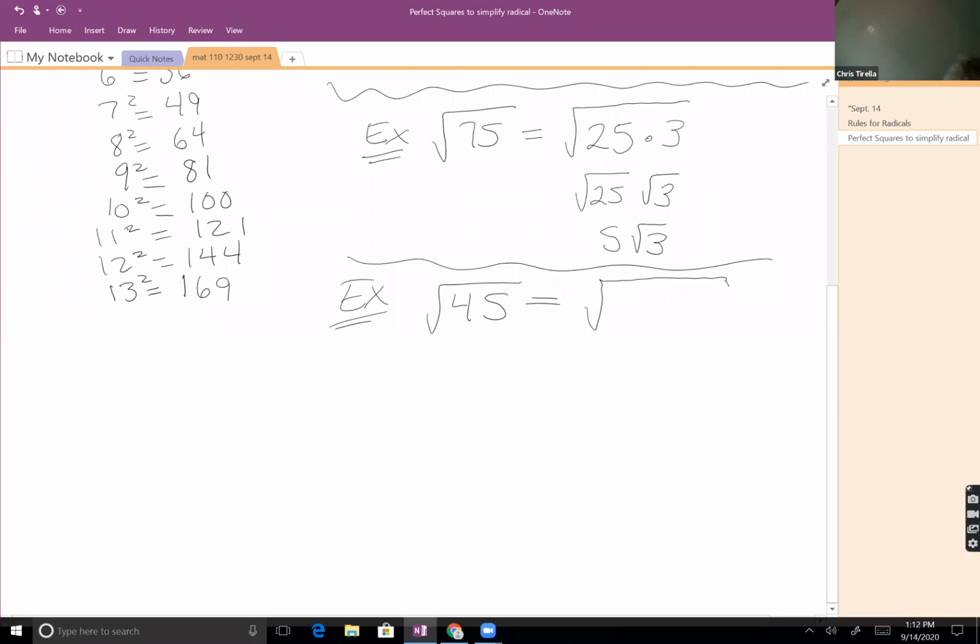What numbers multiply to 45? 9 times 5. So we'll take the square root of 9 times the square root of 5. And so simplest form, that would be 3 square roots of 5. That one all right?